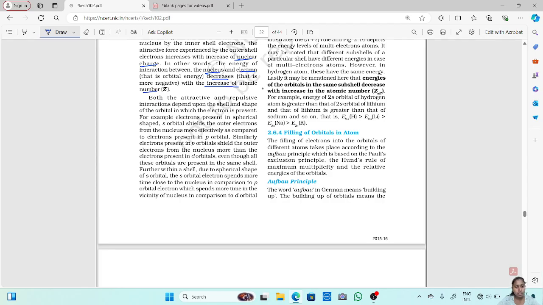For example, electrons present in spherical shaped s orbitals shield the outer electrons from the nucleus more effectively as compared to electrons present in p orbitals. Why? S orbital is like this, so they can shield more effectively, and p orbitals are like this, so the electrons present here can't be shielded as well, right?